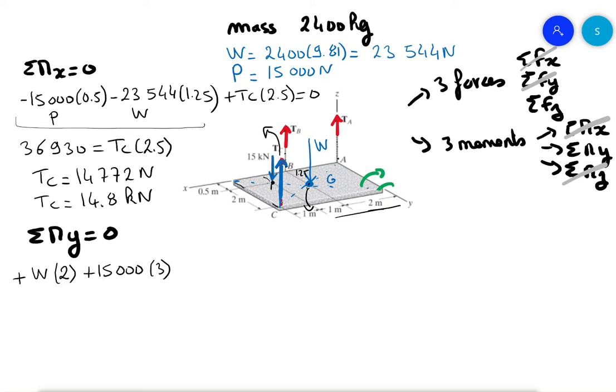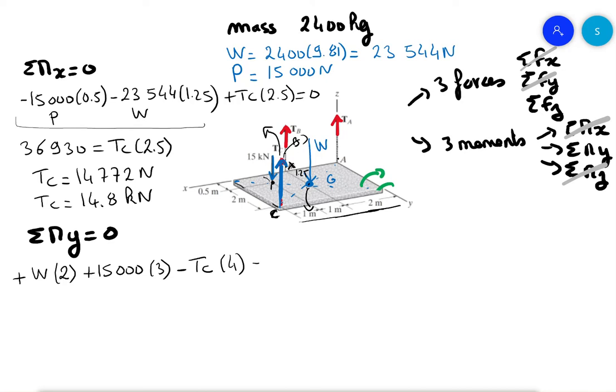TB, no, that's TC. This one is C. So TC, that's negative TC because TC tends to rotate in the negative direction about the axis Y, times the total distance between C to the axis Y. So that's 4.